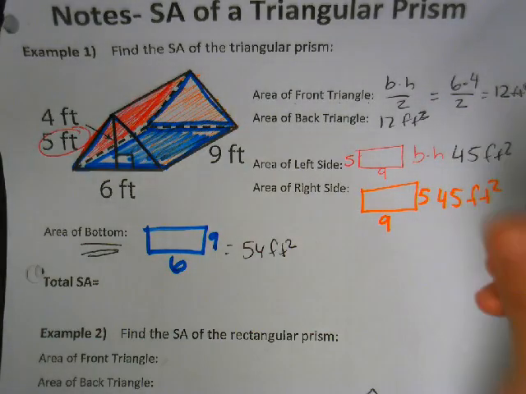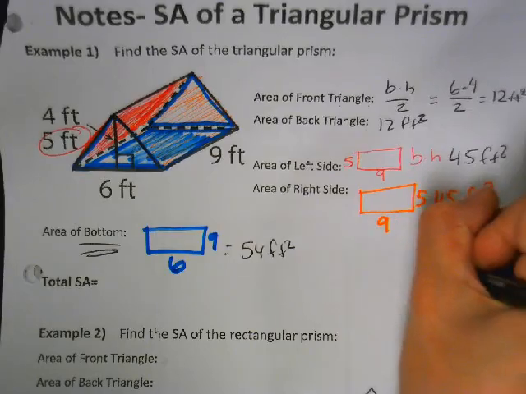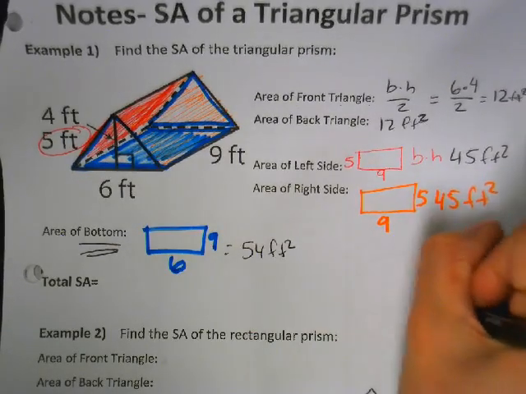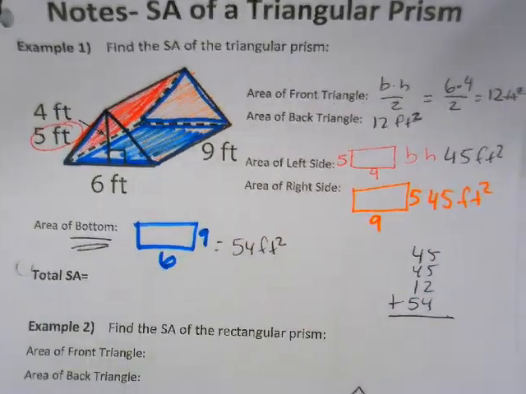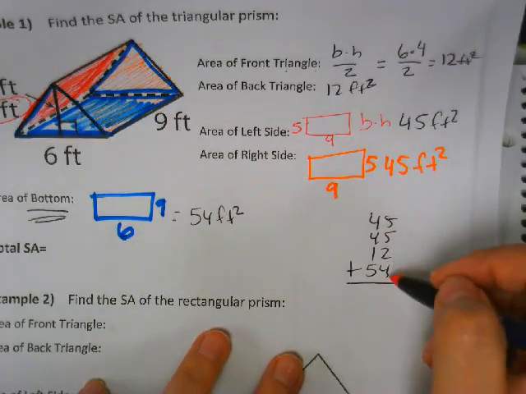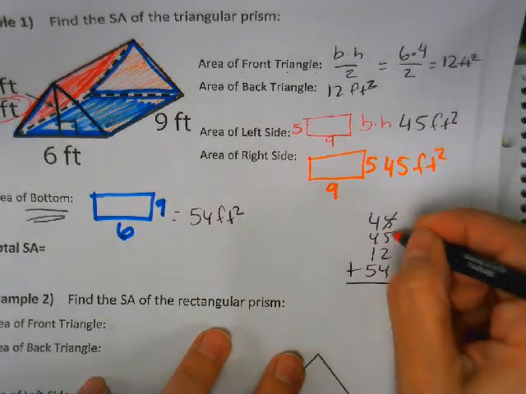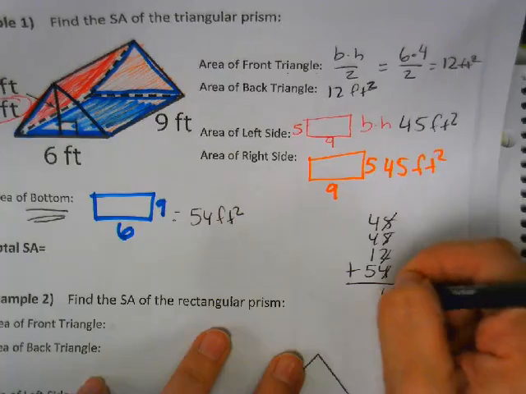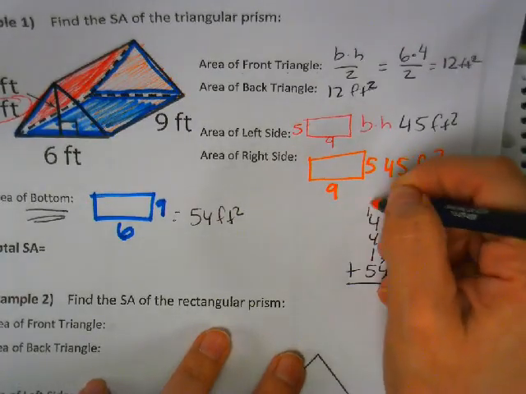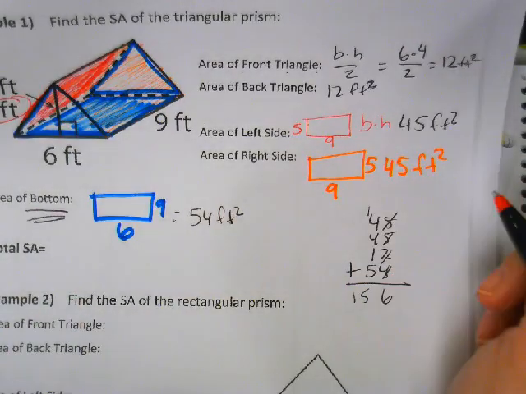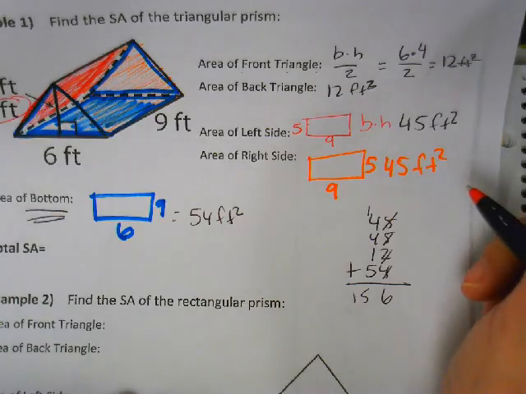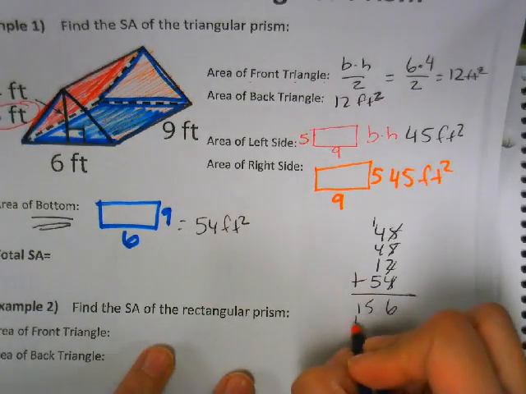So now what do I do to find surface area? Add them all together. 45, 45, 12, 54. Oh my God, I forgot the other 12. Thank you, Alana.